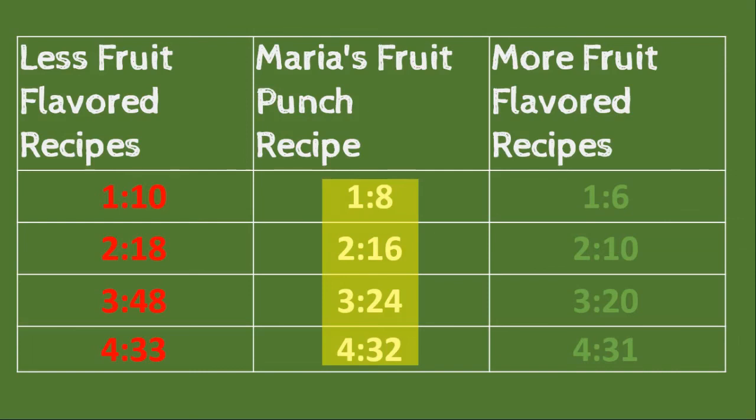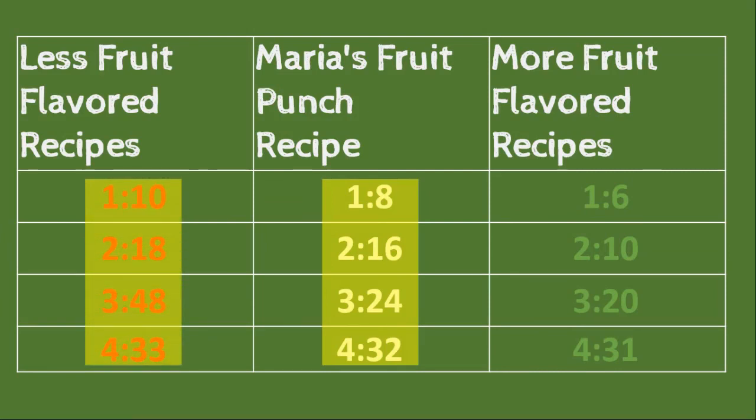So another equivalent ratio of Maria's fruit punch would be 2 to 16. And we can continue with the other 2 rows, which would be 3 and 4. 1 times 3 is 3, 8 times 3 is 24, 1 times 4 is 4, and 8 times 4 is 32. These are all equivalent ratios.